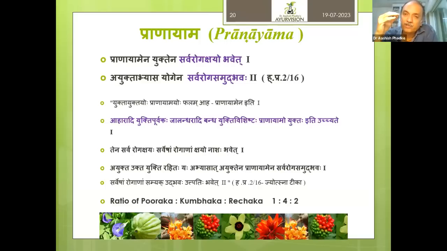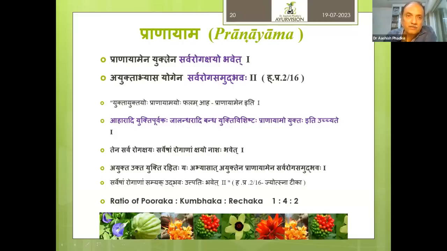Only, with reference to modern medicine, the side effect is much lesser. That is okay, I can understand that. But similarly, even in yoga, if you don't practice in the rightful way, it can also harm you. And these are the references which we also need to remember and tell our patients or our disciples and students.